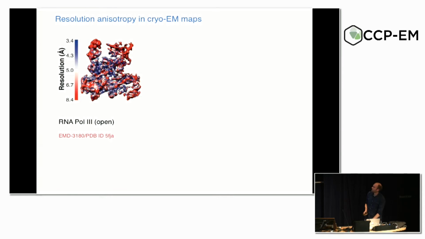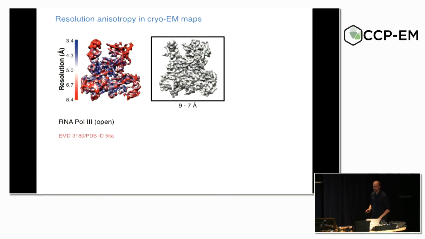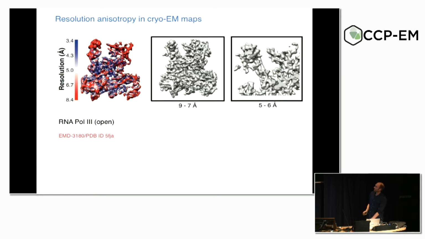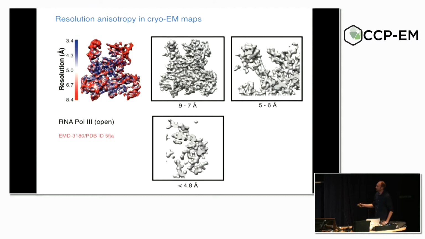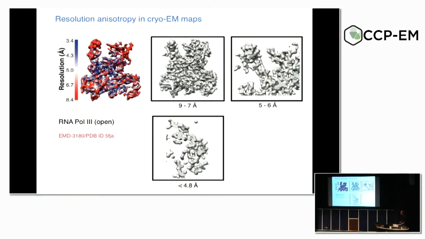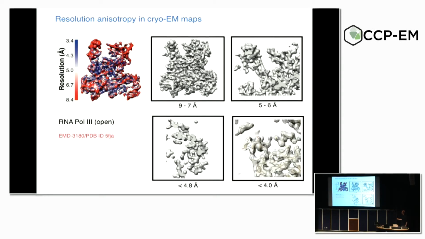If you look at such a structure at these particular resolutions superimposed on all parts of the structure, a 9 angstrom map would look something like this. With a 5 angstrom map, we could already start to see helices, or the pitch of the helix appearing. With resolutions better than 5 angstrom, we could start seeing strands separating. And if we are much better than this, we can even start to see bulky sidechains appearing.